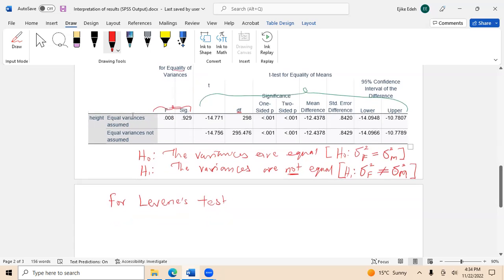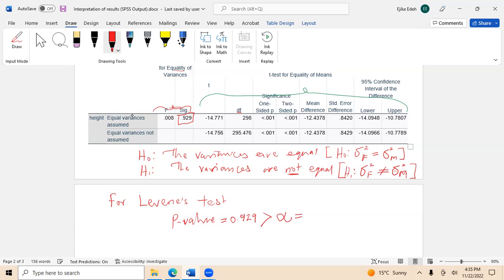Okay, so Levene's test here is telling us that the p-value here, which is equal to 0.929, is actually greater than alpha.